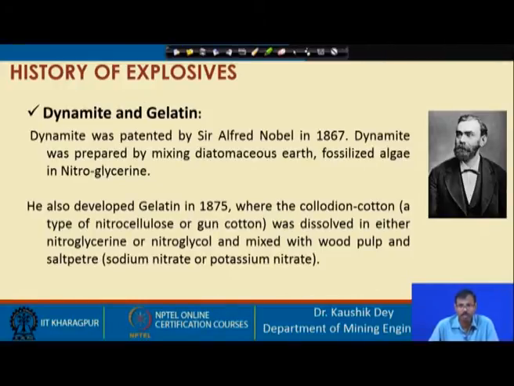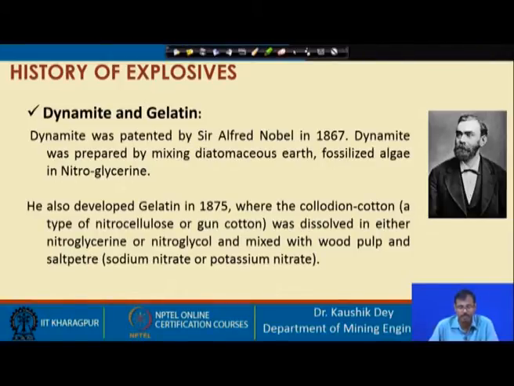This cotton absorbs the nitroglycerin and reduces its sensitivity. It forms a gelatinous material when mixed with wood pulp and saltpeter. So, mixing nitrocellulose with nitroglycerin along with wood pulp and sodium or potassium nitrate is called gelatin, which was developed by Sir Nobel in 1875.